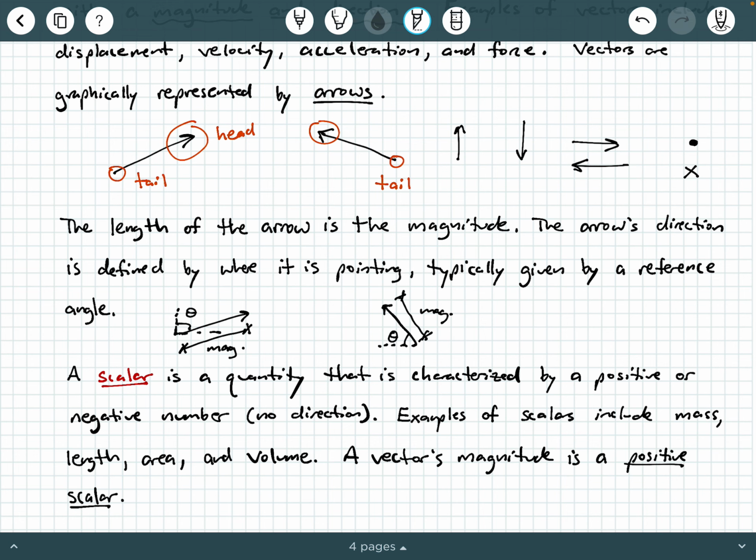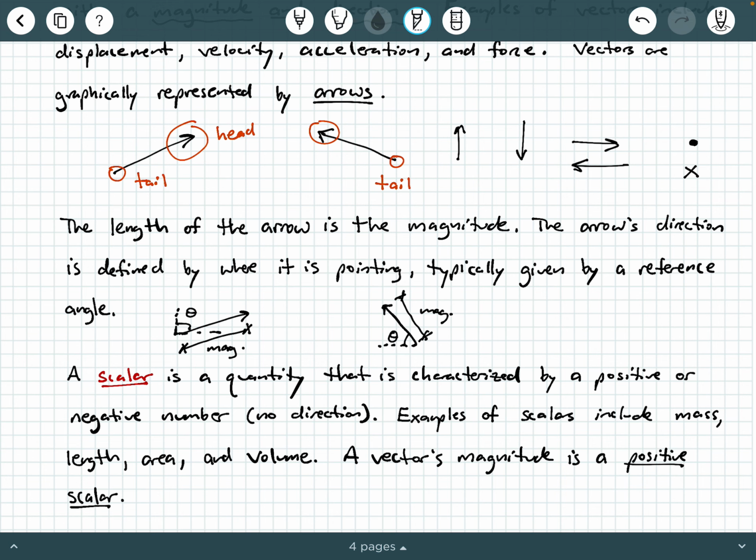So we've got two key vocabulary words here. We've got vector, which again is graphically represented by an arrow. It has a magnitude and a direction. And then we have this other vocabulary word called a scalar, which is just a positive or negative number with no associated direction. So if we think about scalars, for example, we think mass, length, area, volume.